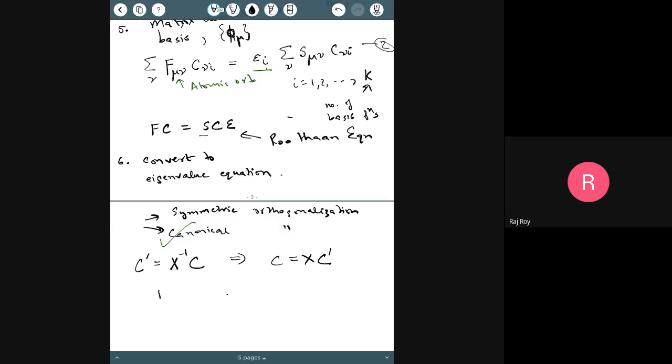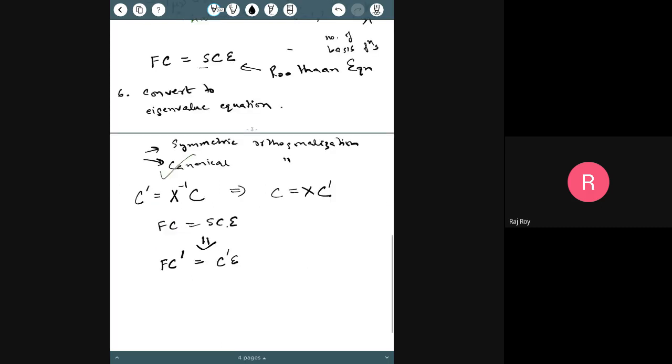So if you have FC equal to SCε, you want to convert it to F'C' equal to C'ε, which will be my eigenvalue equation. And you want to choose an X which allows me to do this.